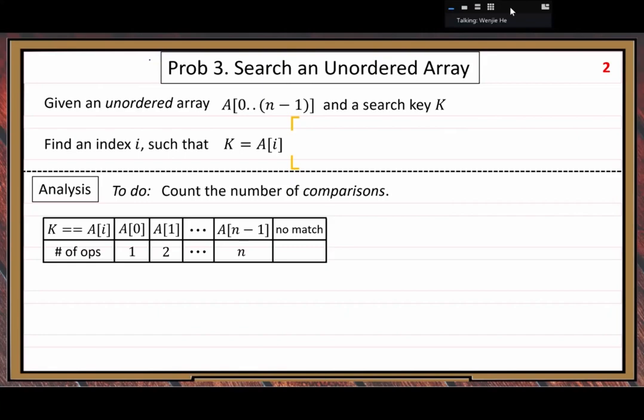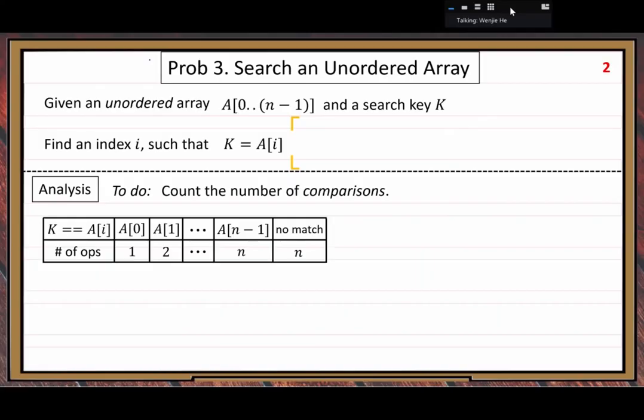How many comparisons do you need for that no match case? Still n, because you just compare the given key to all the elements, right? You have n elements. The total number of elements, that's n. You do not need to do more than that.